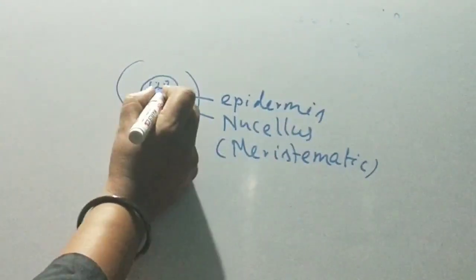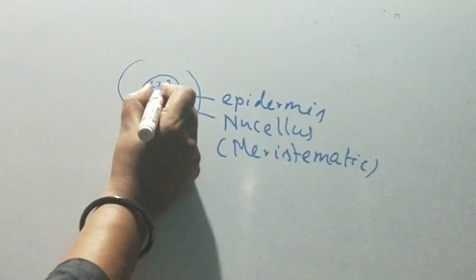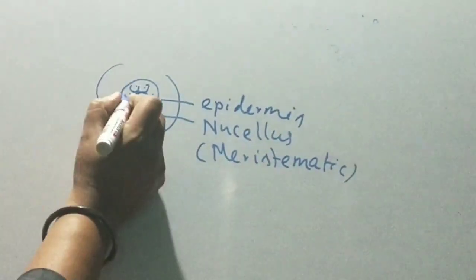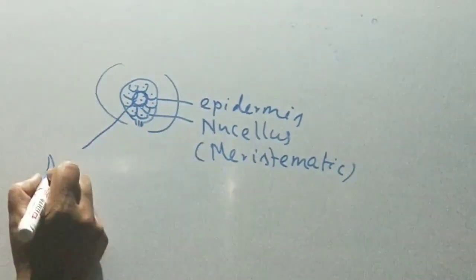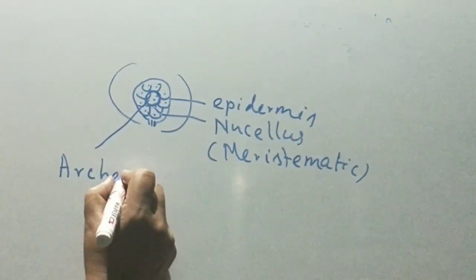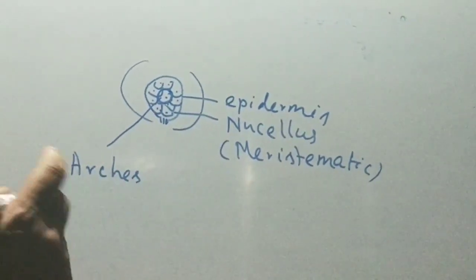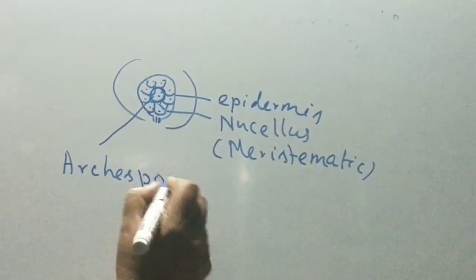Now, one of the meristematic cells becomes larger. That is called the archisporial cell. In male gamete formation we have also studied this archisporial cell; here also it is the same thing.